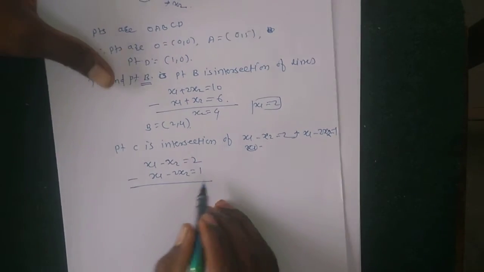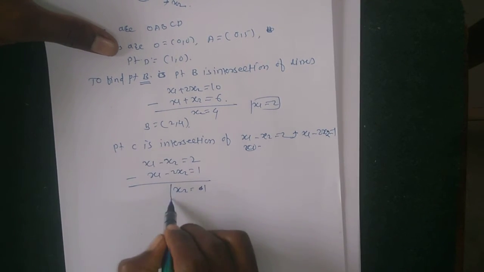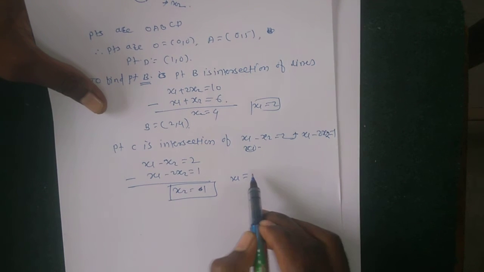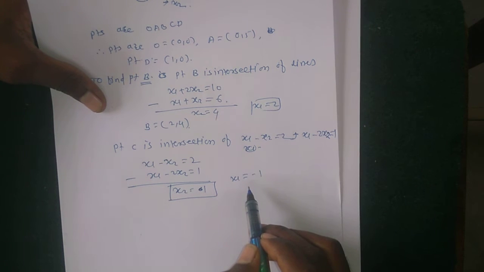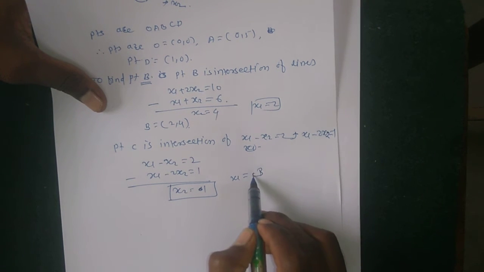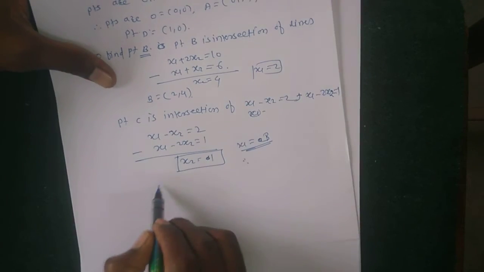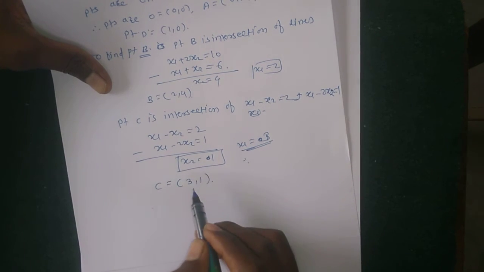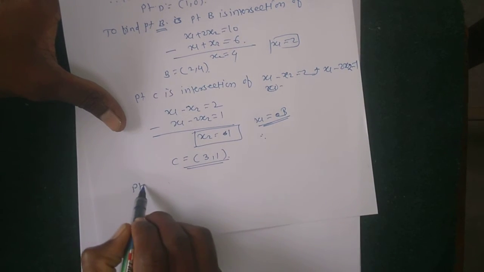Solving these, x2 is equal to 1. Putting x2 is equal to 1, we get x1 is equal to, sorry, x1 is equal to 3. Therefore point C is (3, 1).